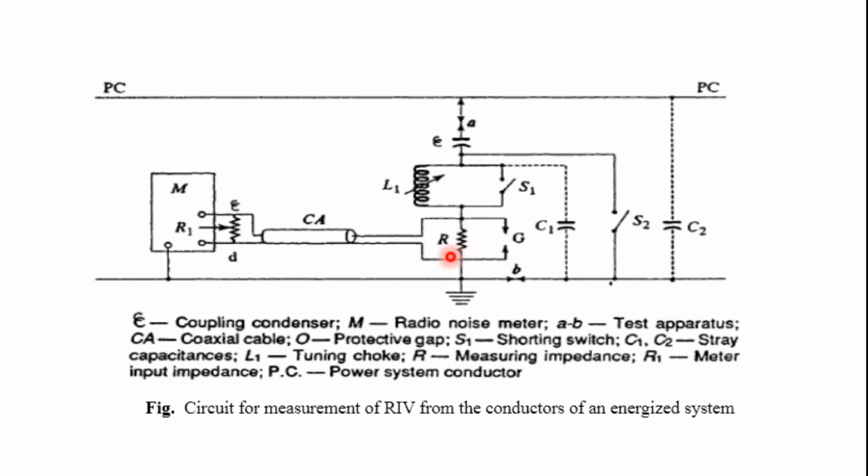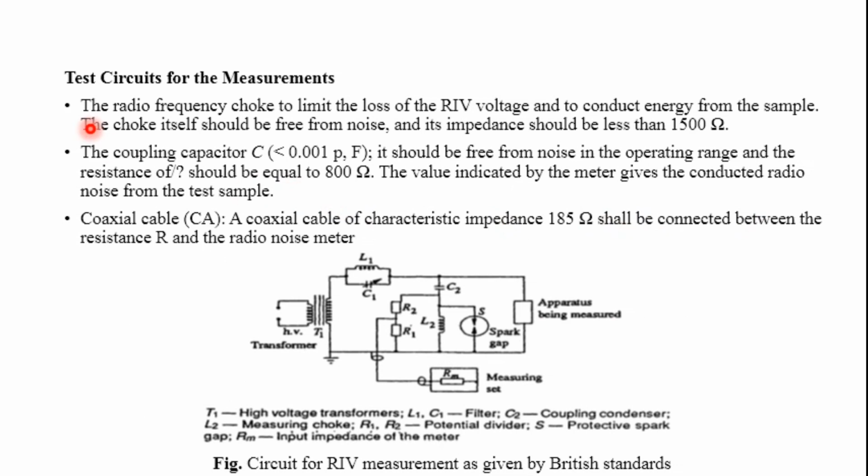The RIV meter is first calibrated as per the standards. The important components of the circuit are three things. The radio frequency choke limits the loss of the RIV voltage and conducts energy from the sample. The choke itself should be free from noise and its impedance should be less than 1500 ohm.